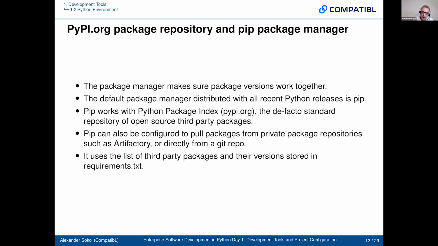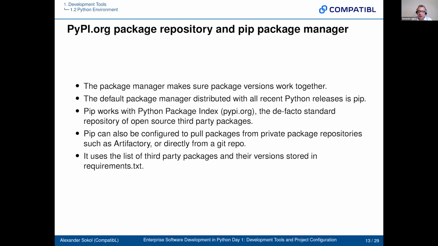All right, so pip uses the list of third-party packages and versions stored in requirements.txt. That's a file that tools like PyCharm expect to find, and pip uses it to get the packages from whatever repository or series of repositories.